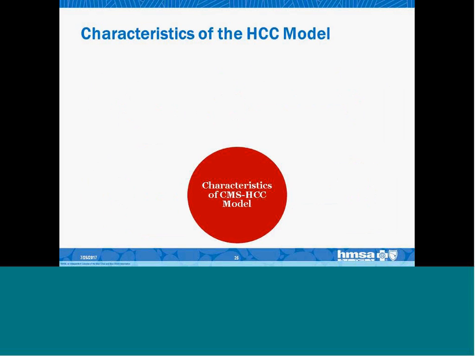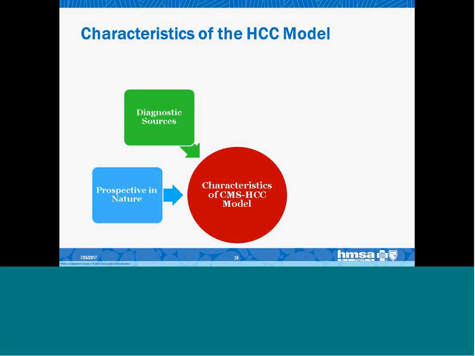There are different characteristics that comprise the HCC model. It's prospective in nature. Diagnoses from the base year are used to predict payment for the following year. CMS only considers diagnoses from inpatient and outpatient hospital and physician data.